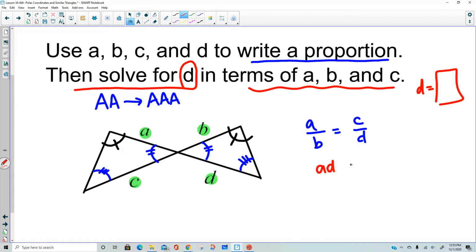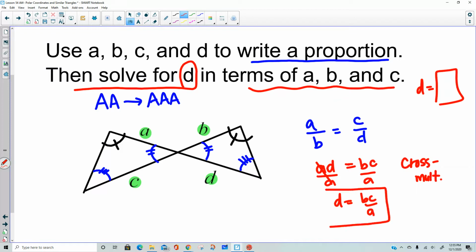So cross multiply: A times D equals B times C. And then to isolate D, we simply divide both sides by A. Therefore, D equals BC over A. And that one is done. That's the one they have in your book for the set that goes with this lesson.